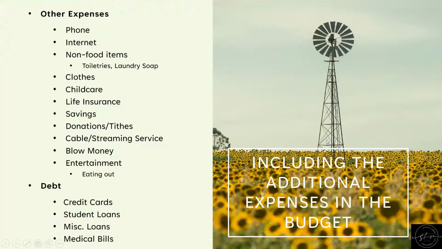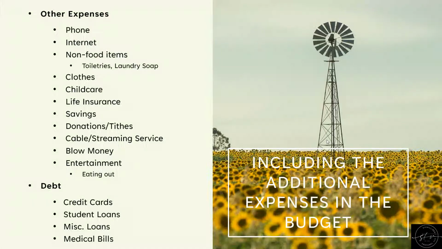Some additional expenses would be like your cell phone, internet if you have home internet, non-food items like toiletries and laundry soap, different variables like that. Clothes budget, child care, or say you have a child that you're paying private school for, so child care expense there.